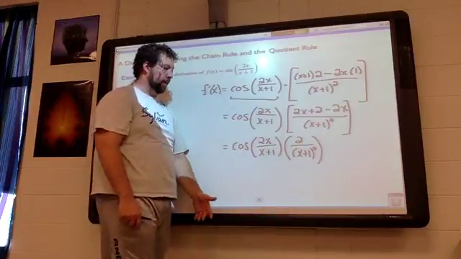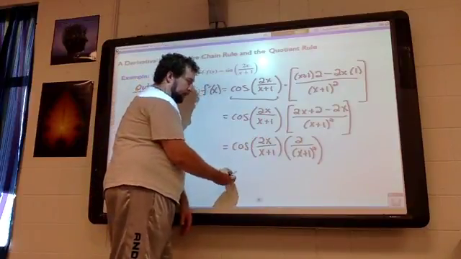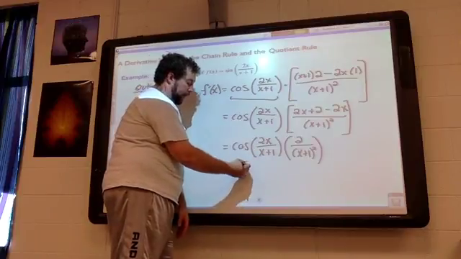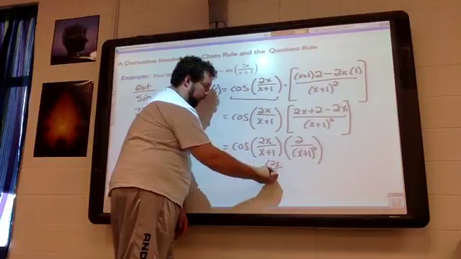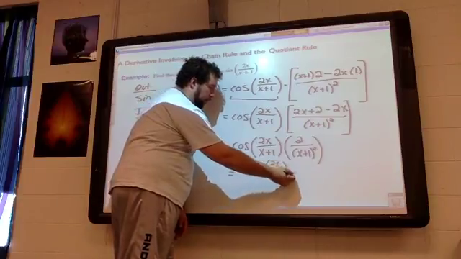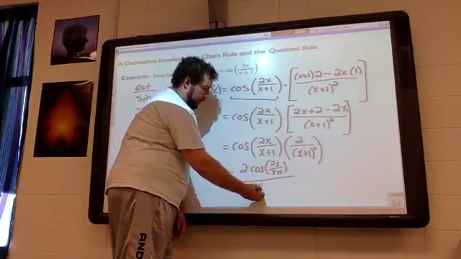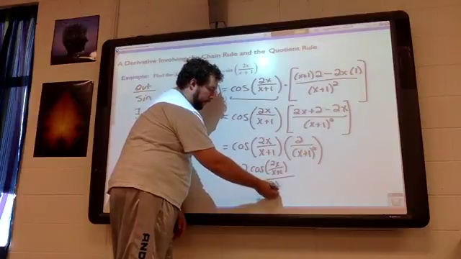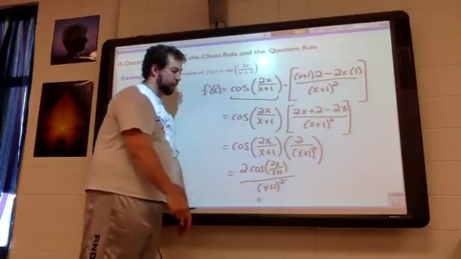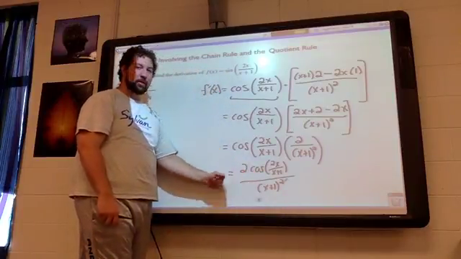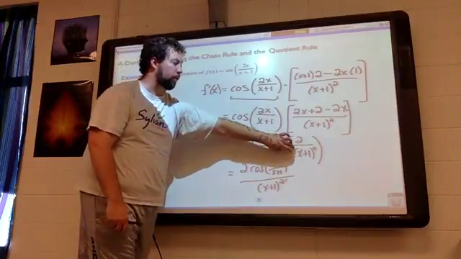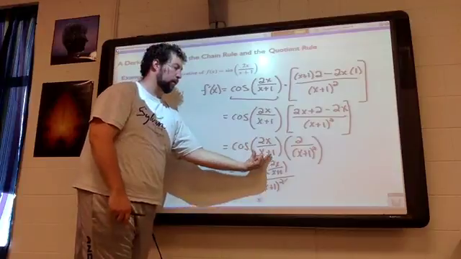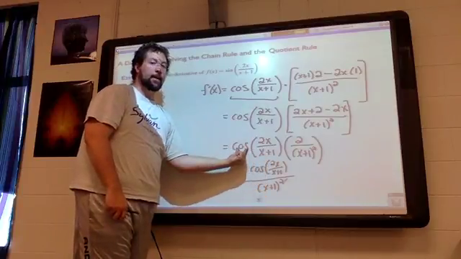In fact, it could be rewritten as 2 times the cosine of that 2x over x plus 1, all over x plus 1 squared. But that's a little ugly, so this is totally fine. Just realize that these two parts don't actually mean multiplication. The first parentheses means it's inside the cosine.